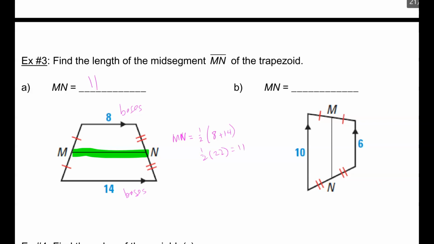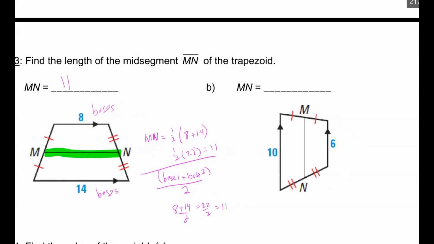Now, another way to show it is base 1 plus base 2 all over 2. So I could have said 8 plus 14 over 2, which is 22 over 2. It gives me 11. It's the same answer. It's just a different way of writing it, and I wanted to show you both ways.